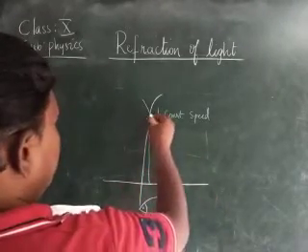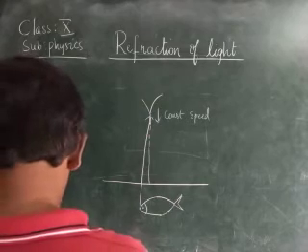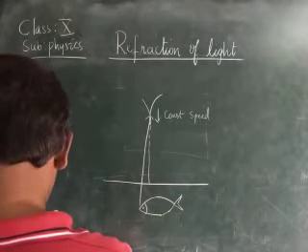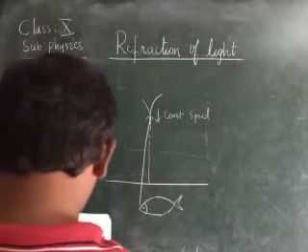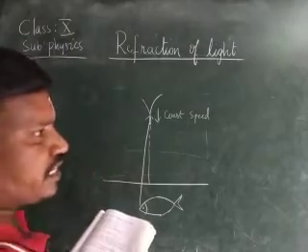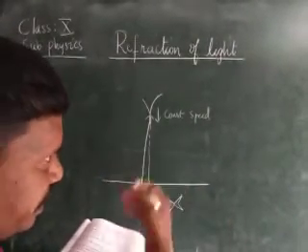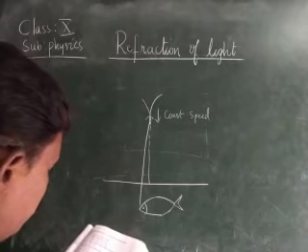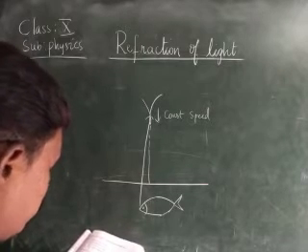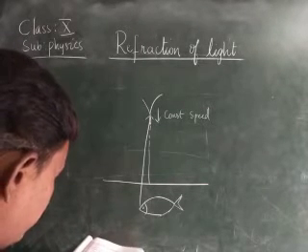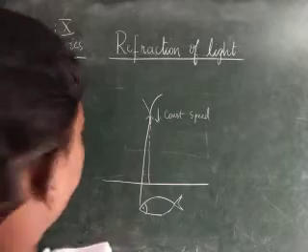He has given four options: farther away than the actual distance, or nearer than the actual distance, or moving faster than its actual speed, or moving slower than its actual speed. Out of these four, which is true, he is asking.